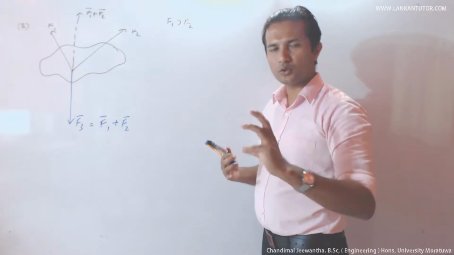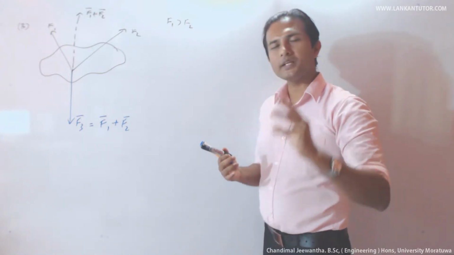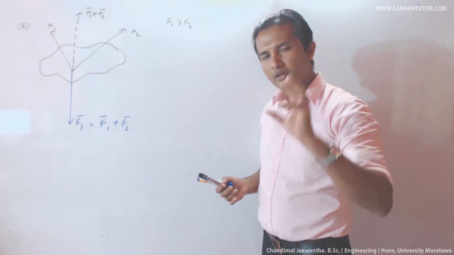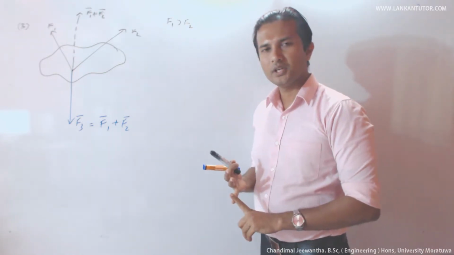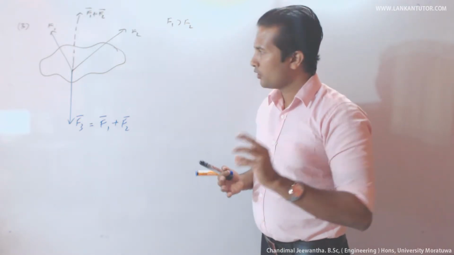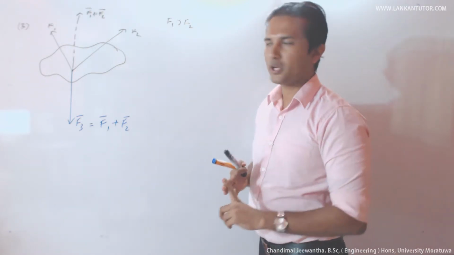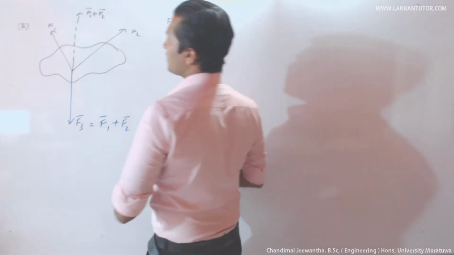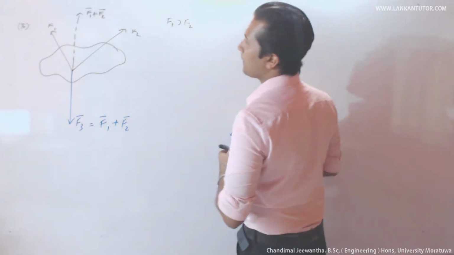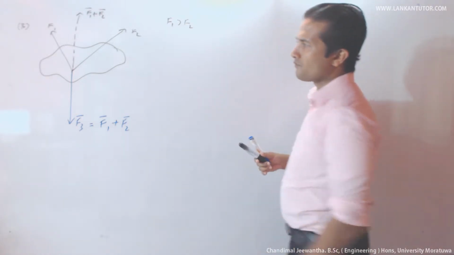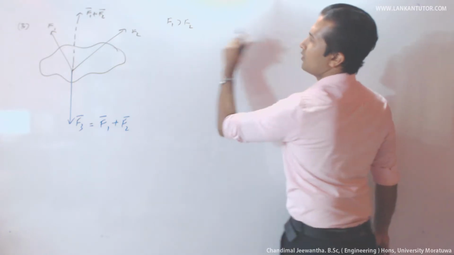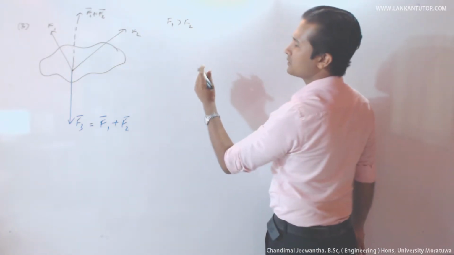Then we can conclude, when an object is in equilibrium under three coplanar non-parallel forces, the three forces should meet at a point. That is our conclusion. Let's move on to the triangle theorem.